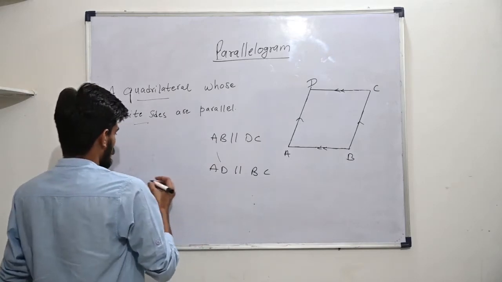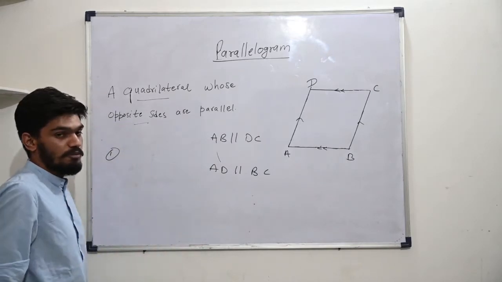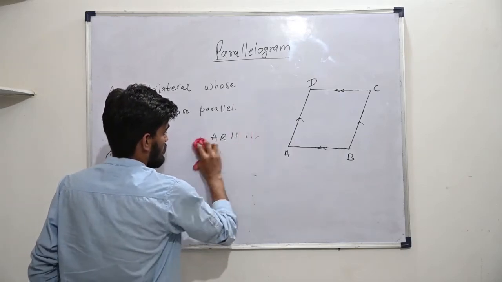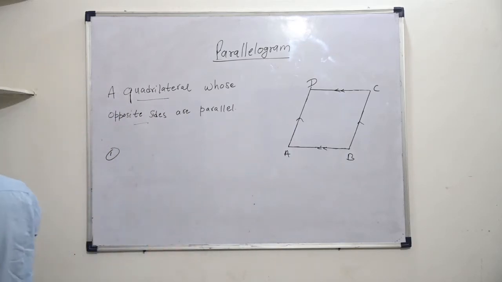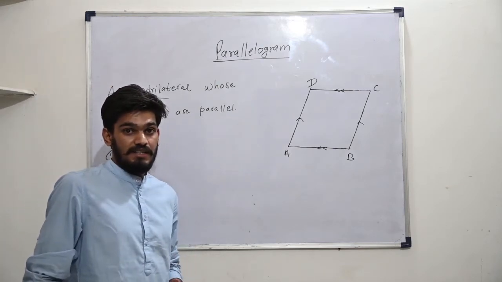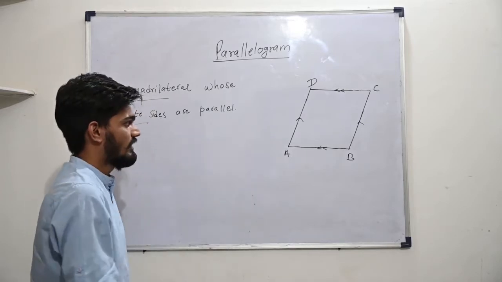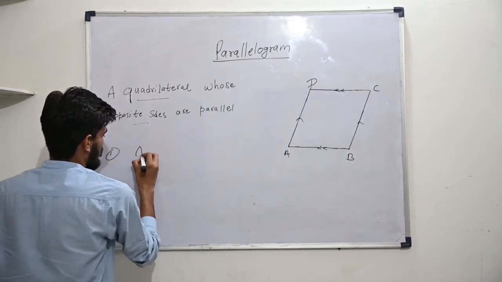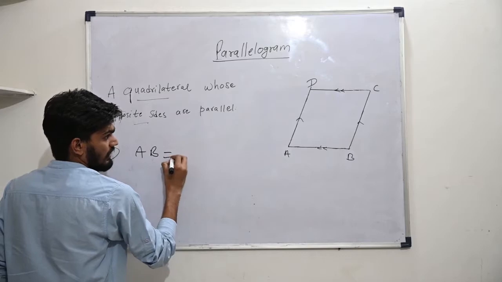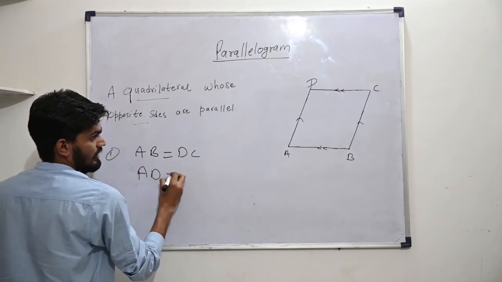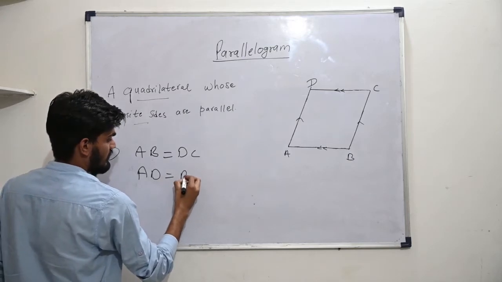Okay. So first property says that opposite sides are equal. That means AB is equal to DC and AD is equal to BC.